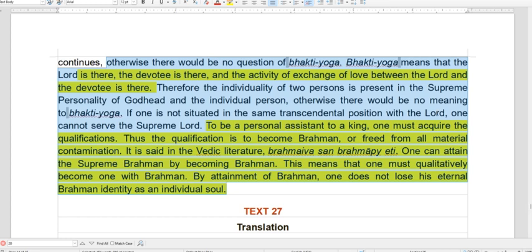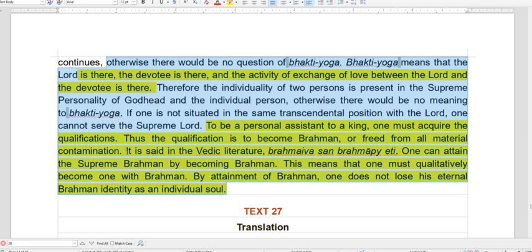To be the personal assistant to a king, one should acquire the qualifications. Thus, the qualification is to become Brahman, or free from all material contamination.